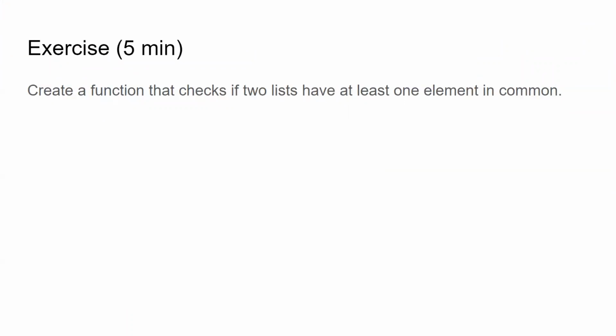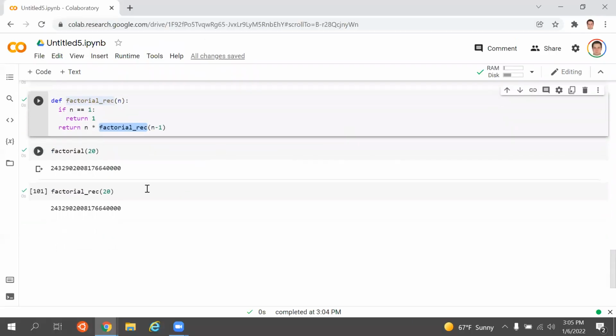And before we proceed to our next topic, let's create a function that checks if two lists have at least one element in common. So you just need to create two lists in your code by using square brackets. Just let me create them for you.